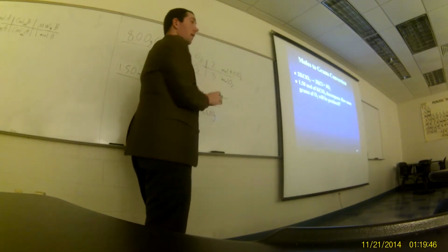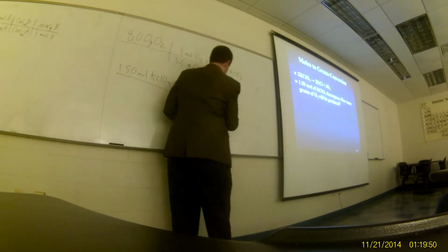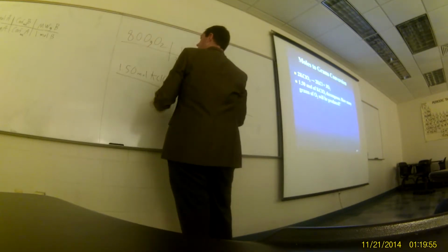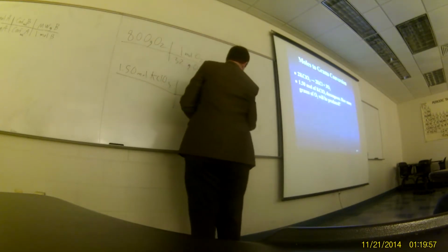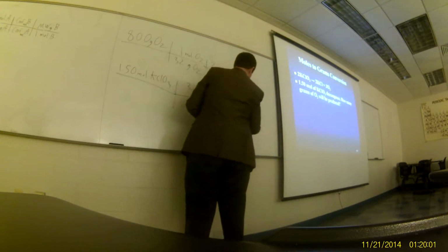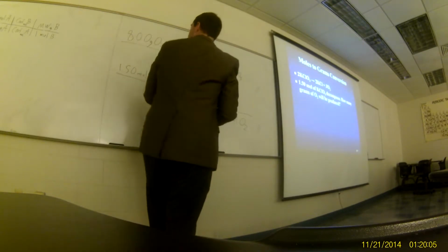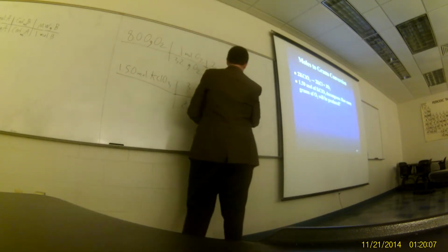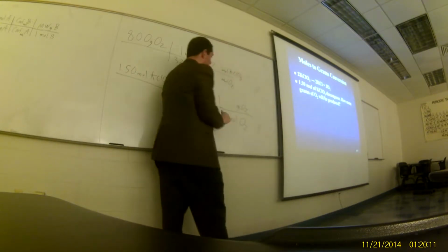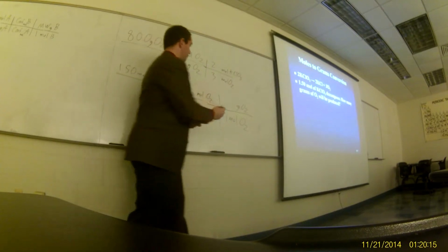But we're not done, because we have moles in the top right corner and we need grams. So we need to do the last step up there. On the bottom, it says I'm going to have 1 mole of B, and B in this case is our O2. On the top is the molecular weight grams of B. So I have grams of B, which is oxygen. What is the molecular weight of oxygen? 32.